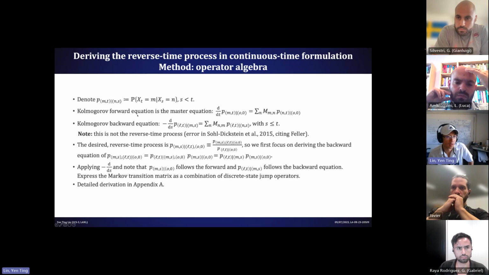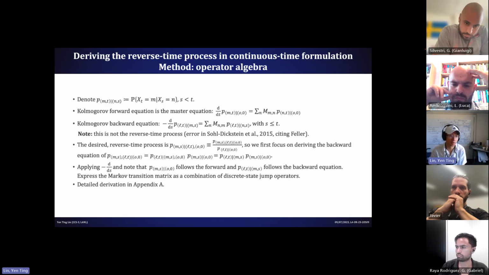So the conditional probability distribution is defined as this. You basically propagate from time s, state m, to time t, state n, and we denote that with a shorthand notation. We know from stochastic processes, and this is 1930s technology, right, we can write down the Kolmogorov forward equation, which describes how this evolves forward in time.